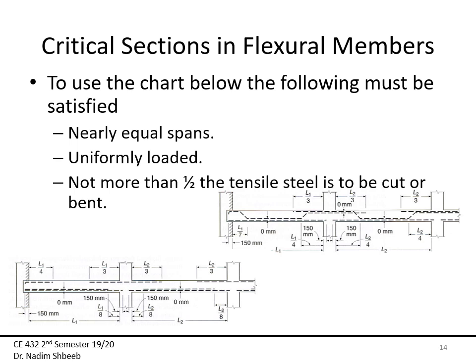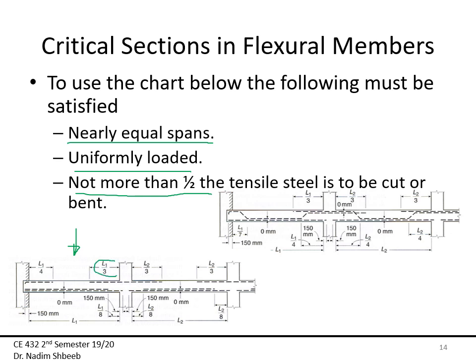There are what we call some quick extensions. So if you do not want to use any of the equations below, and you have equal spans, nearly equal spans, and they're uniformly loaded, and you only want to cut not more than half of the steel, then you can use these ratios. You can extend this up to L over 4.